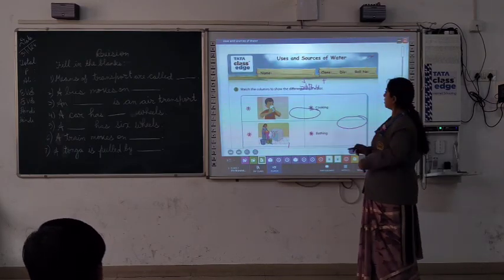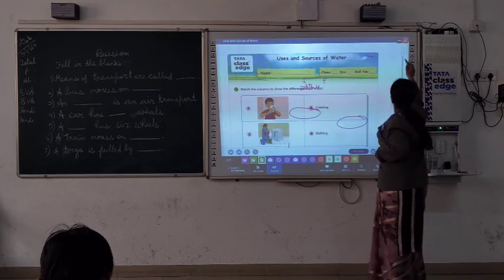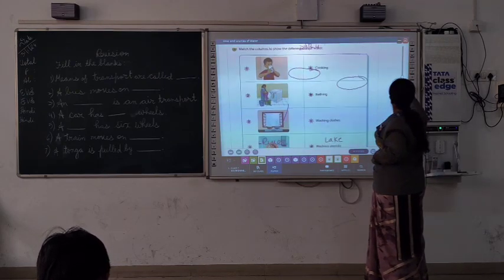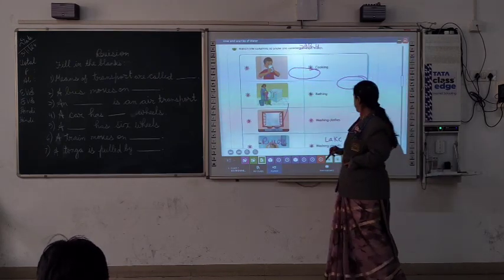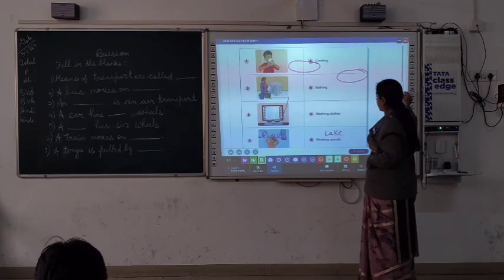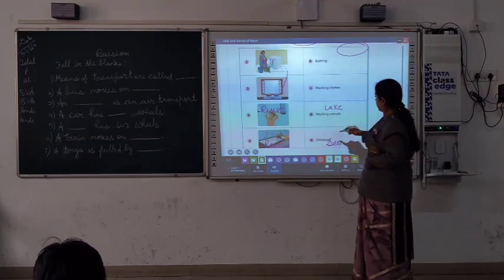Now, match the columns to show the different uses of water. What is this boy doing? Drinking. Drinking, and where is it? Here.